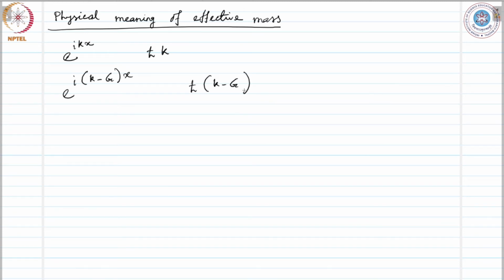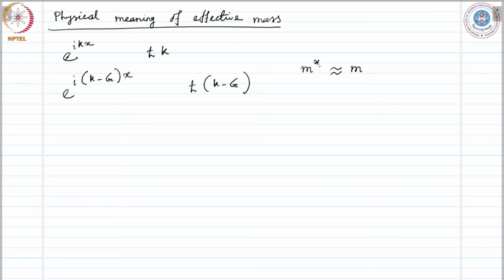This is small and increases only slowly with increasing k. So, in this kind of region where the electron behaves more like a free electron, the effective mass m star is nearly equal to the real mass of the electron.